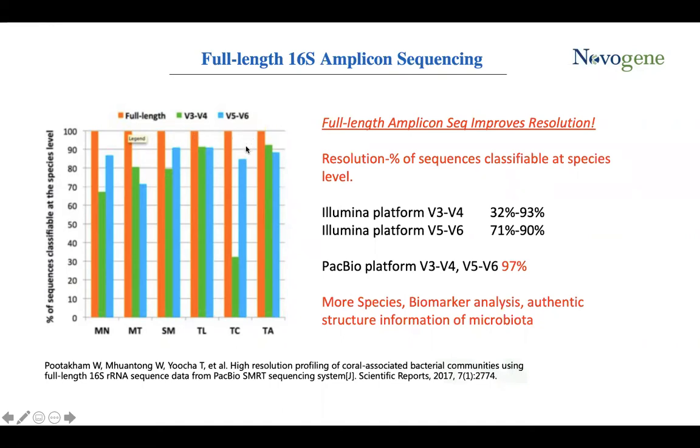This means that by using PacBio, we have the potential to identify more species or biomarkers than by using NGS platforms. So we are able to obtain a more authentic structure of the microbiota. At Novogene, we also provide full-length 16S amplicon sequencing service. If you are interested, please feel free to ask our sales representatives for more information.